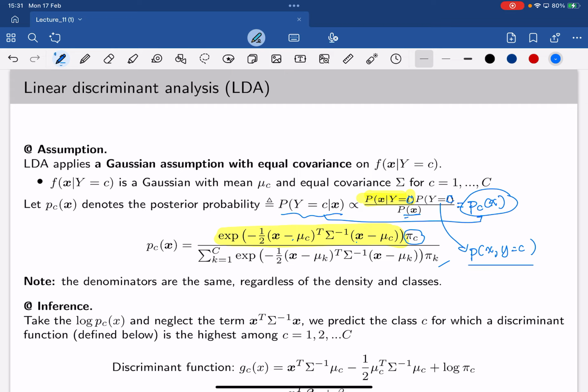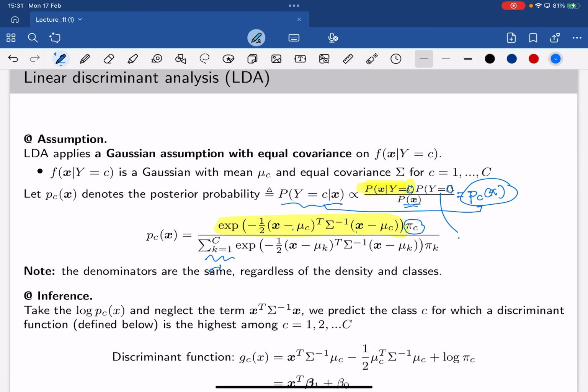So if you want only X, you have to marginalize Y out. In the discrete case, that means you sum over all the classes, from Y equal to 1 up until Y equal to C, if there are C classes. Sorry.